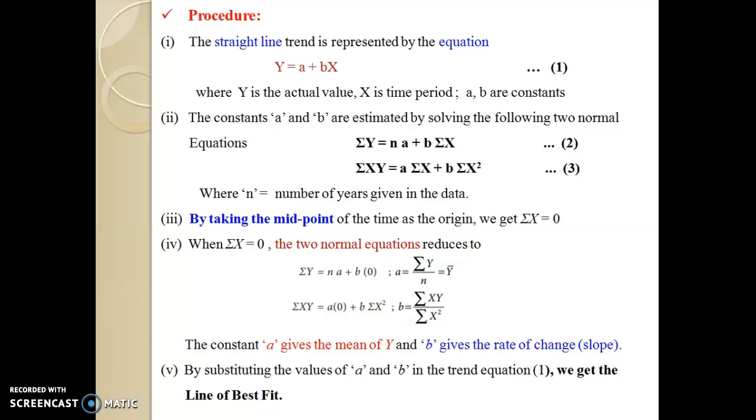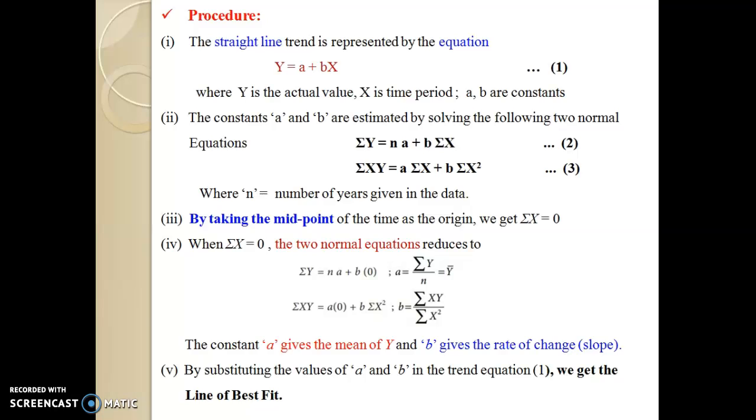Some important procedures to calculate the least square. The straight line equation. What is the straight line equation? That is y equals a plus bx, equation 1, where y represents the variable or actual values and x represents the time period.